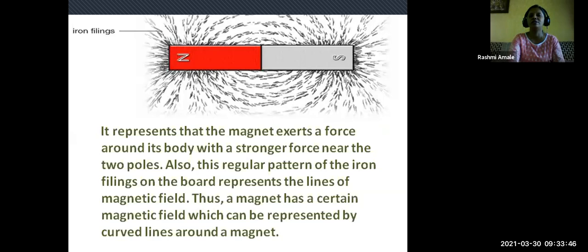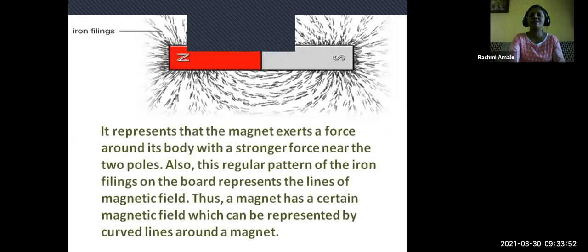At the two poles, it is very strong. Also, this regular pattern of the iron filings on the board represents the lines of magnetic field. Thus, a magnet has a certain magnetic field which can be represented by curved lines around the magnet. So these lines are nothing but the lines of magnetic field.